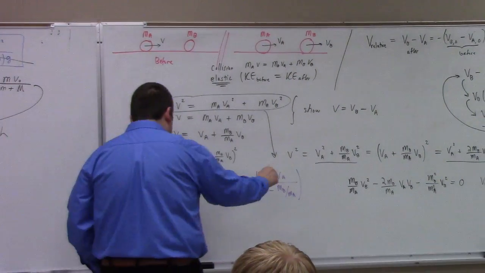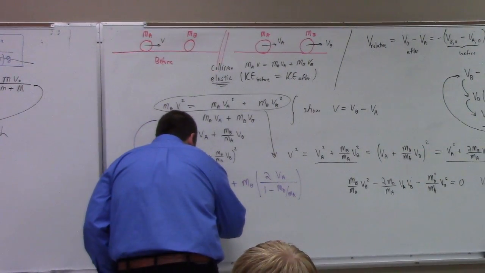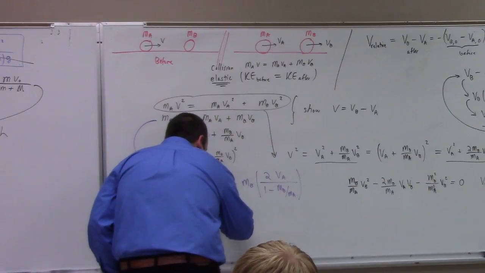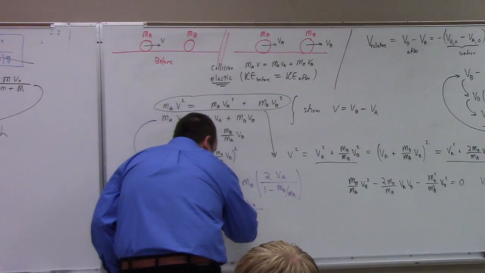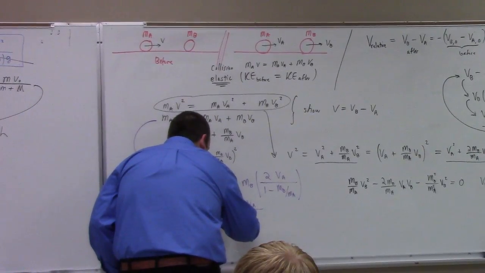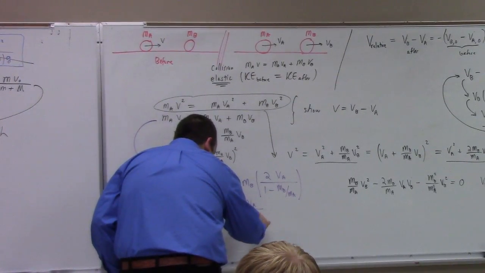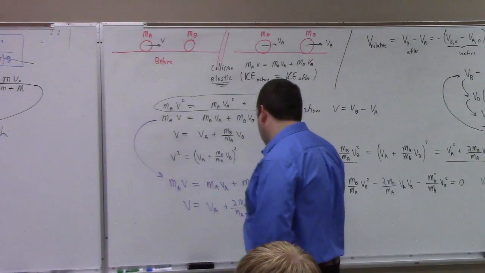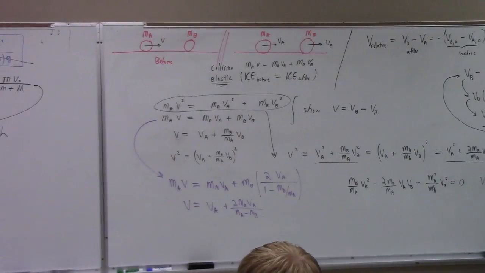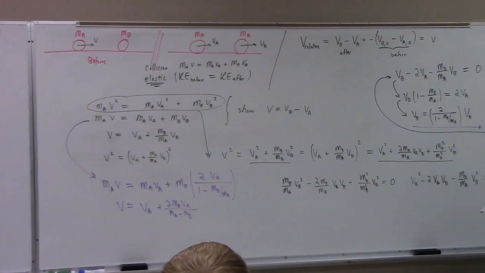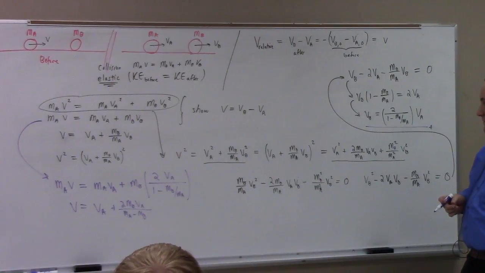I suppose we can divide this by MA. We get V is equal to VA plus 2 MB VA divided by, well, MA minus MB. Oh, I probably also have to use the kinetic energy equation again.